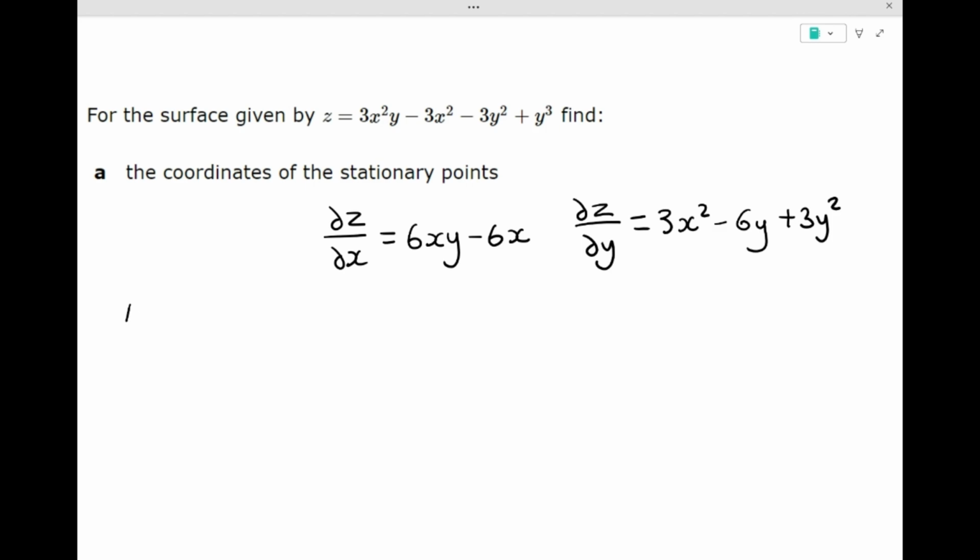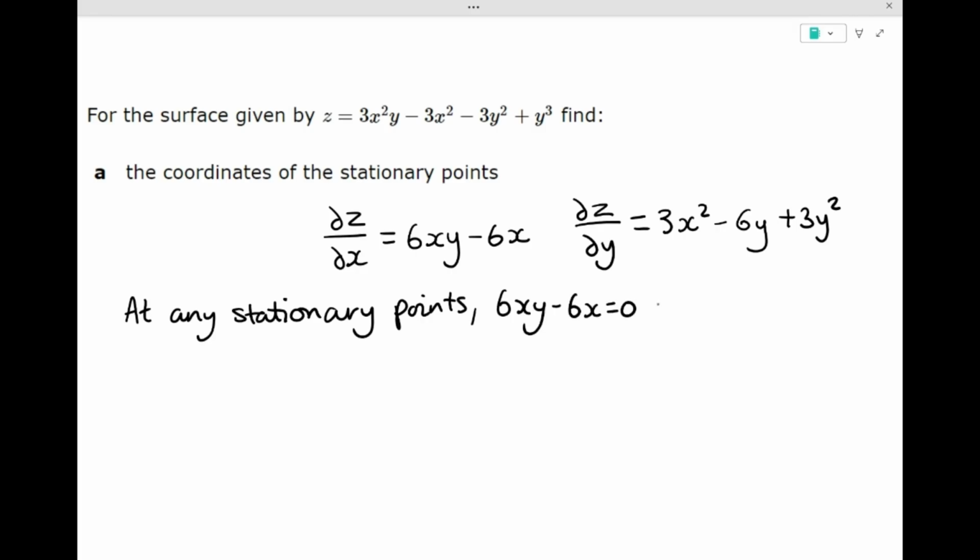Then we can say at any stationary points that both of our partial derivatives must be equal to 0. So at any stationary points, 6xy take 6x must be equal to 0, and simultaneously, 3x squared take 6y plus 3y squared must also be equal to 0.